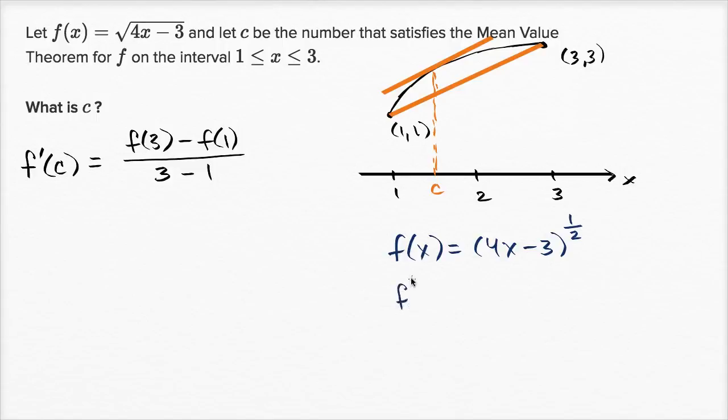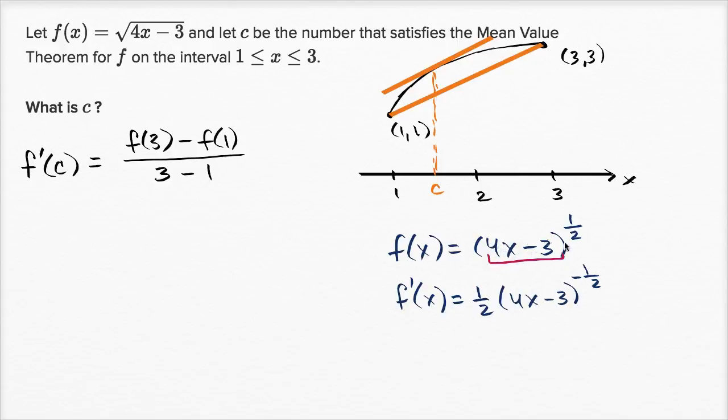So f prime of x is going to be the derivative of 4x minus 3 to the 1/2 with respect to 4x minus 3. So that is going to be 1/2 times 4x minus 3 to the negative 1/2. And then we're going to multiply that times the derivative of 4x minus 3 with respect to x.